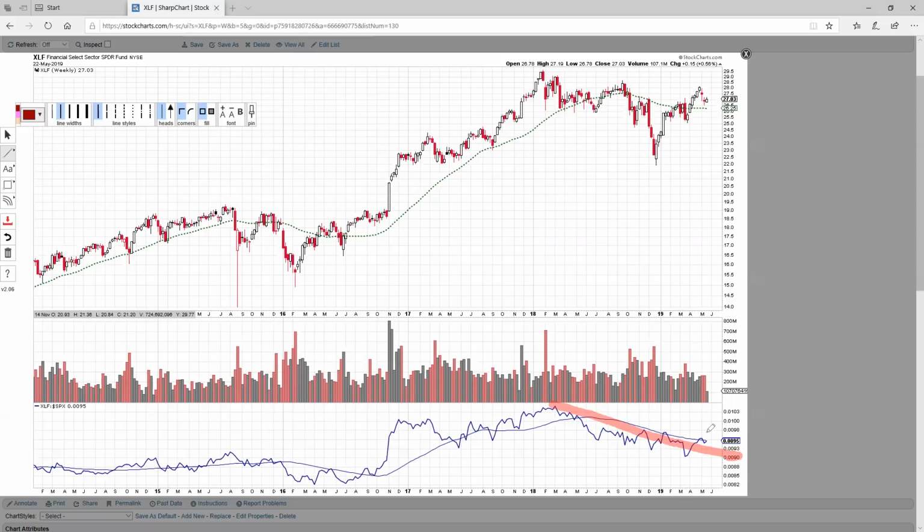But notice that we're just knocking on the door of getting above this moving average. And notice that since March, the financials have actually been in a rising trend. And if they can continue to do that, this could change the picture pretty quickly for financials.